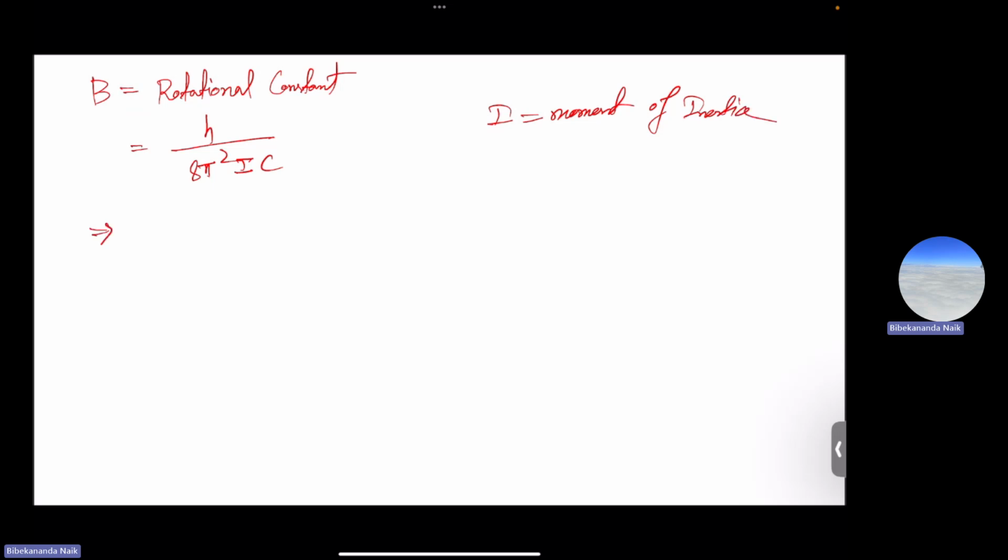That implies I is h divided by 8 pi square b into c. So if you put the values, what is the value of h?